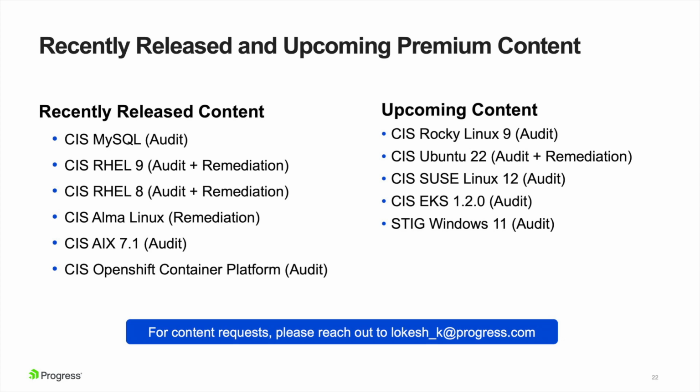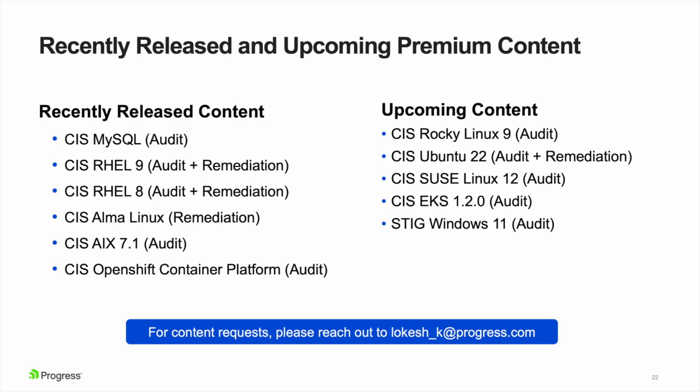Over to you, Lokesh. Thanks, Shua, for highlighting the 5 best practices. Now let's see the recently released and the upcoming premium content. Chef Premium content is one of the key factors and inputs for our compliance users to mitigate misconfigurations in their target nodes.